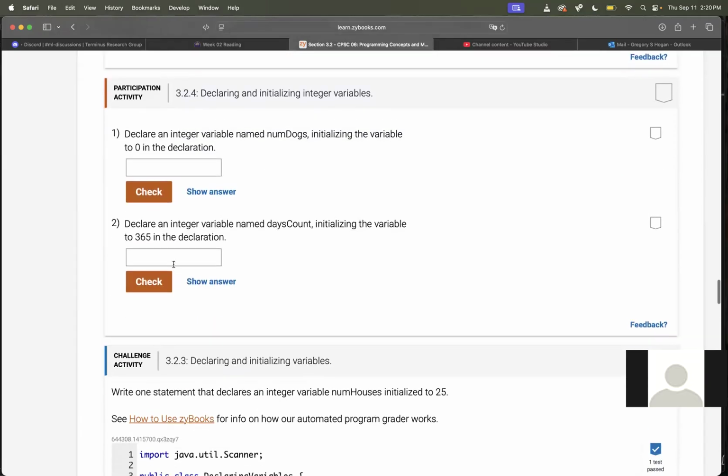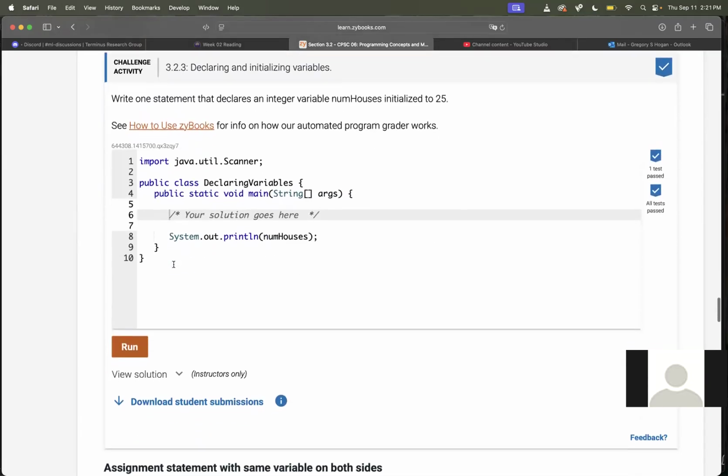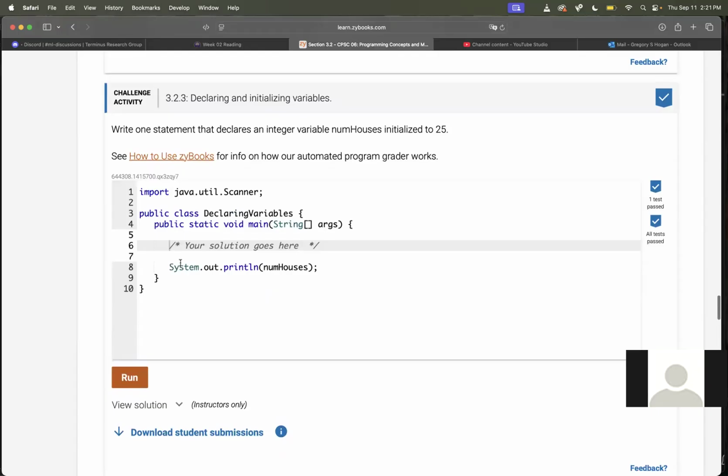Initializing variables. Let's go down to the next challenge exercise here. 3.2.3. Write one statement. Okay, so we're writing one line. What line? Declares an integer variable num houses initialized to 25.